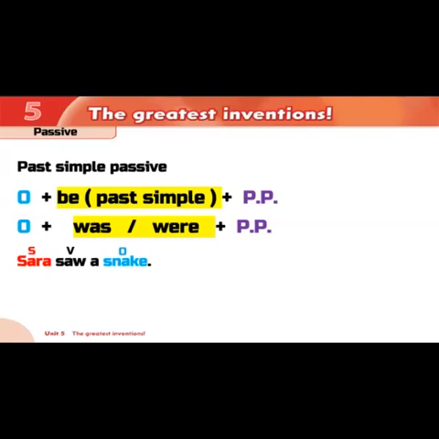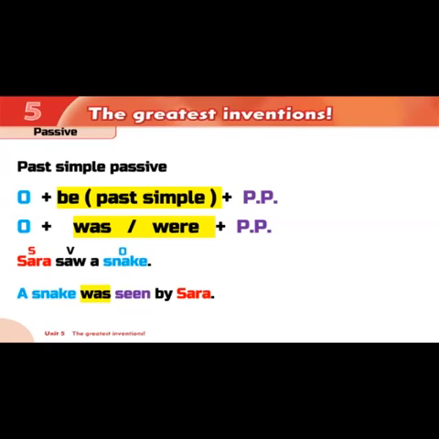We will start with the object, which is a snake, then verb to be in the past, was or were, and we will take was because a snake is a singular. Then the past participle of saw, which is seen. Then by the subject, which is Sarah. So it will be a snake was seen by Sarah.